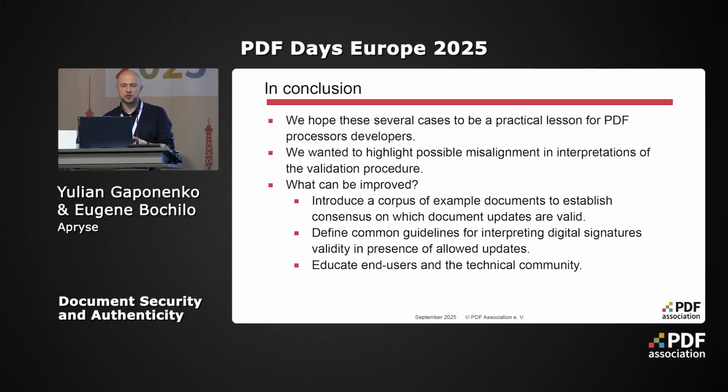What is the status of digital signature validity in the presence of allowed changes on top of the signed content? And yeah, finally, I think at least we should try to educate the end users of the PDF technology and also the technical community. And yeah, we hope that this presentation contributed to that last point.